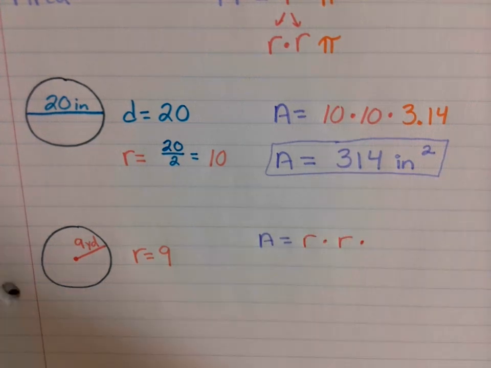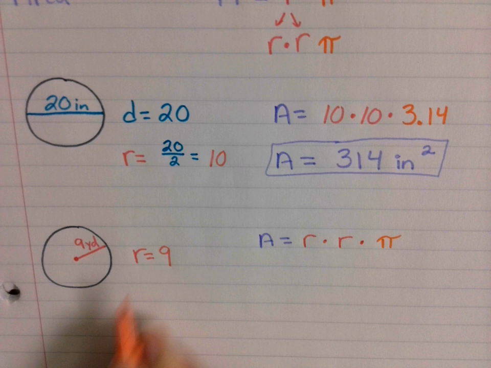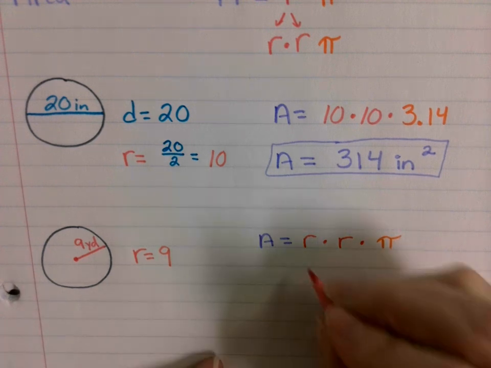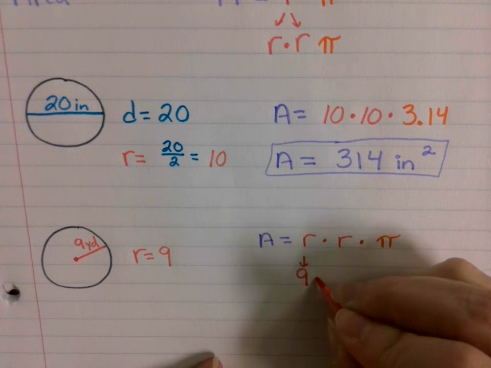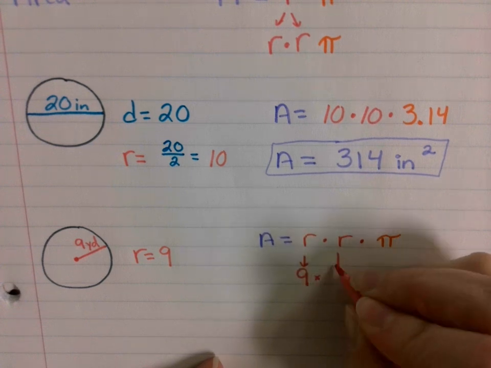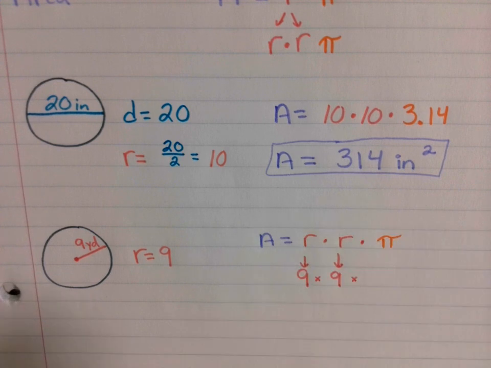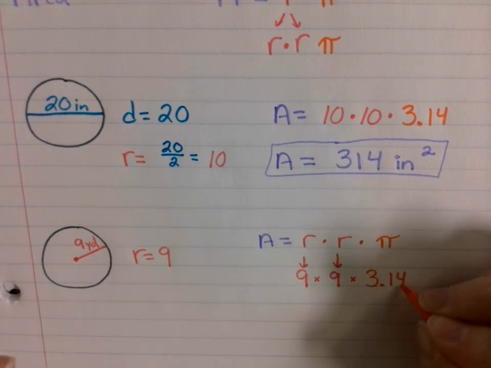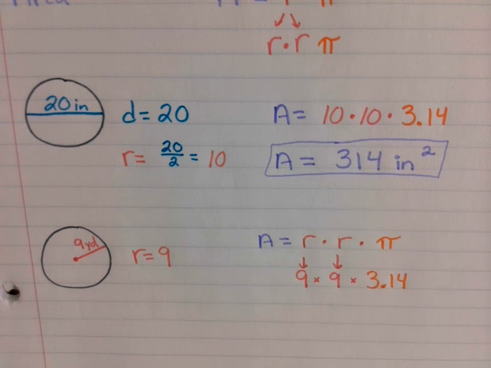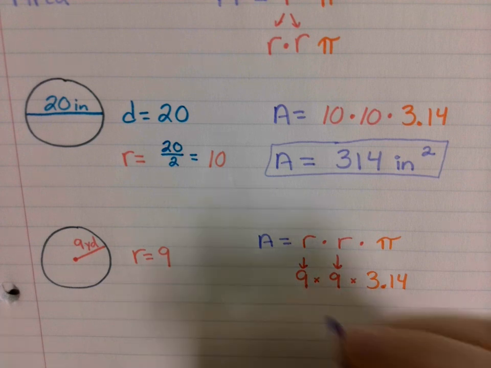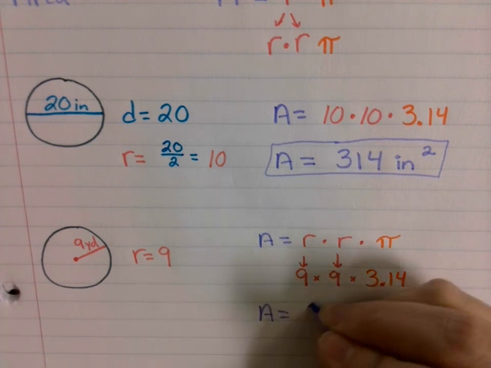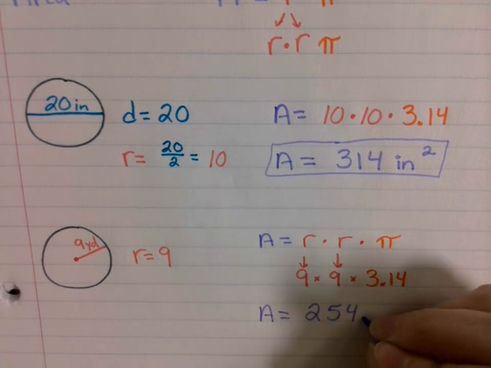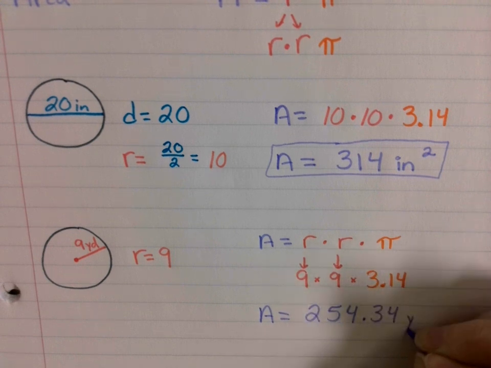So we are being given what we need. So we just substitute that in. We're going to do 9 times 9 times 3.14. And that's going to give us 254.34. And that is yards squared.